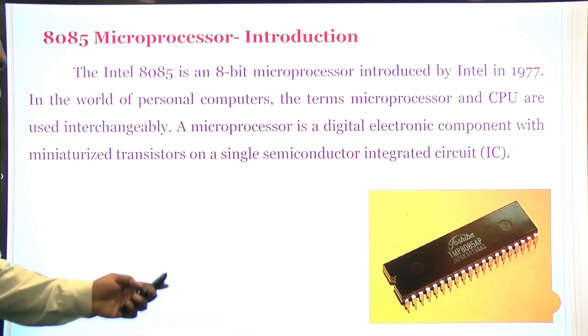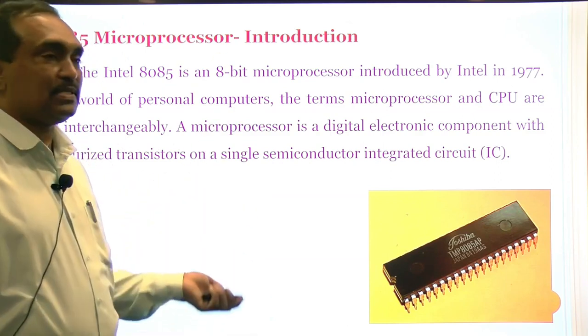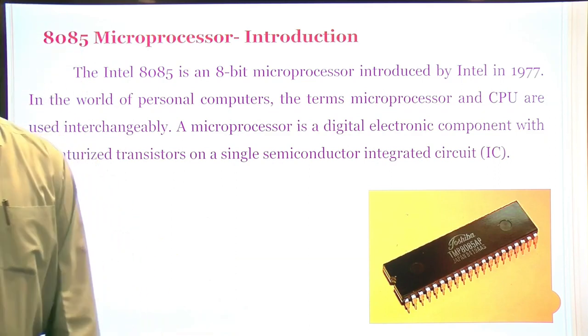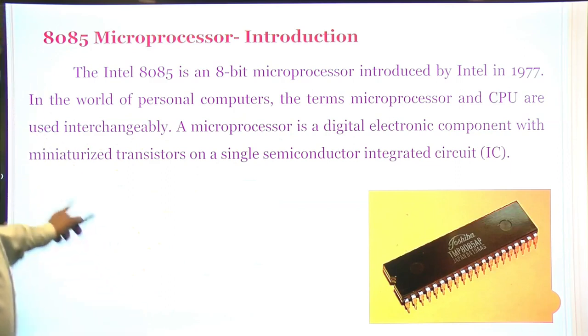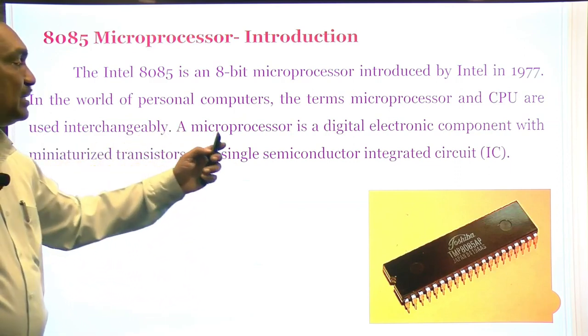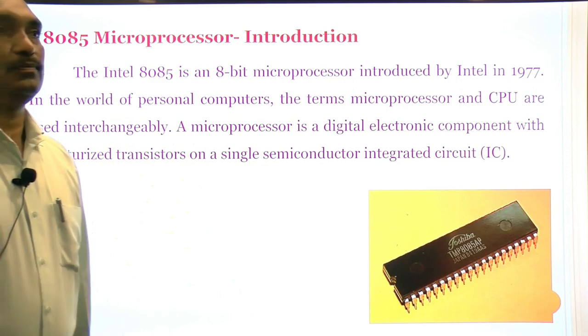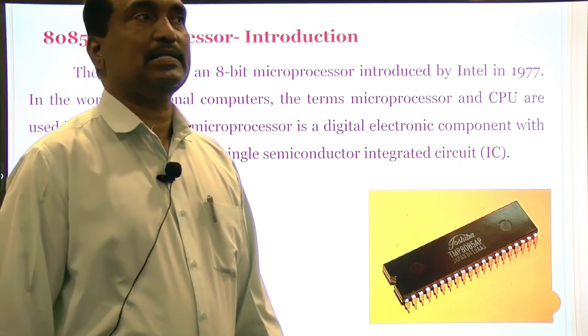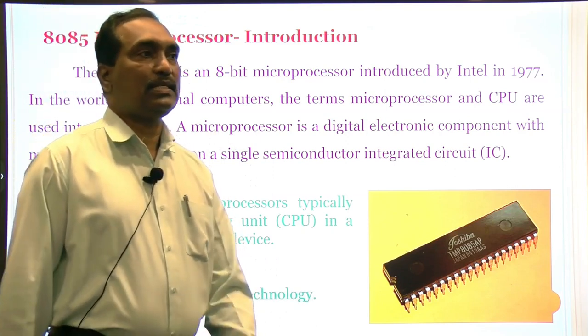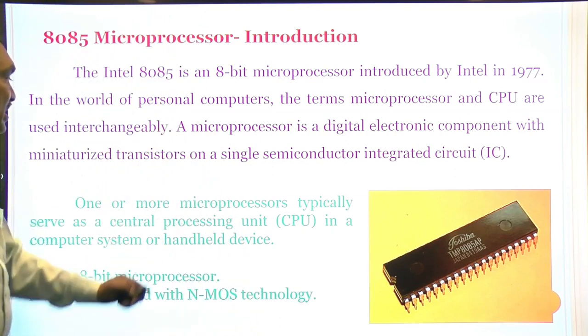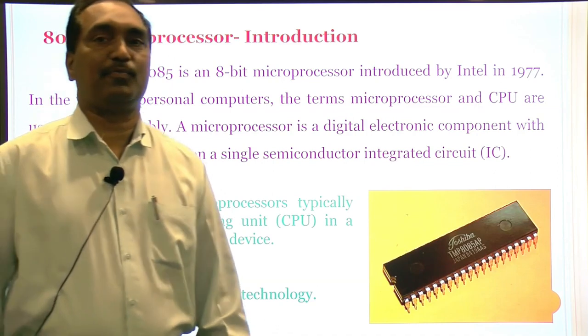Actually, the CPU comprises, along with the microprocessor, some other integrated chips. So the microprocessor is one of the integrated chips. It is made of miniature transistors on a single semiconductor. We know all electronic devices are made with semiconductors. Of course, this is manufactured with NMOS technology. What is this NMOS?